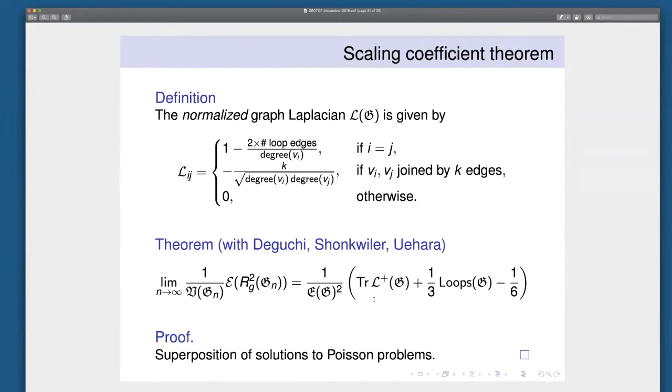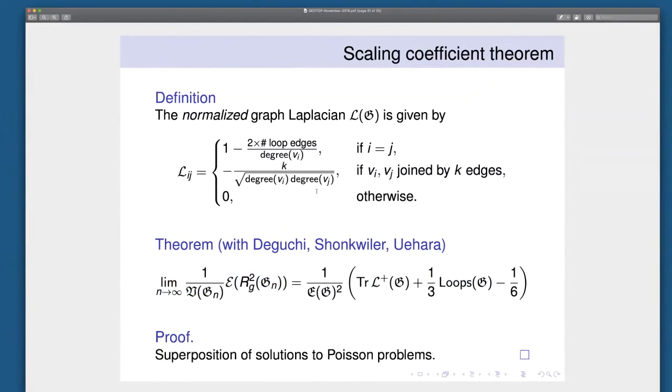The modified graph Laplacian is normalized sort of by degrees. So the diagonal entries are 1 if there's no loop edges, and you correct if there are loop edges. And the off-diagonal entries weight the connection by the square root of the product of the degrees of the vertices that are being connected.